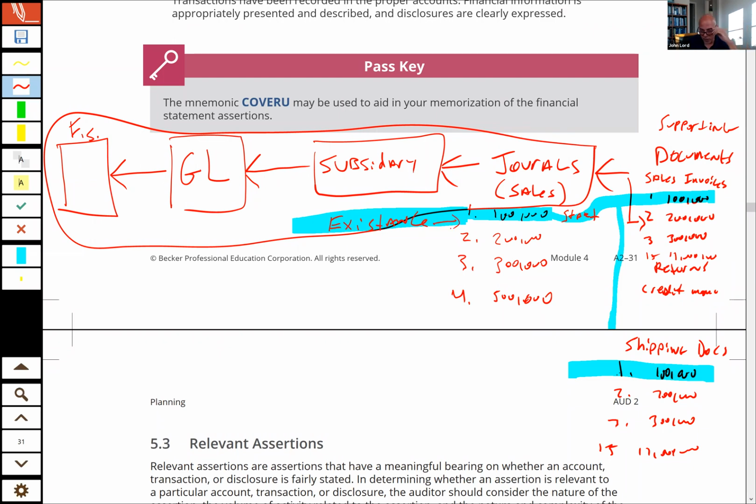That's existence, isn't it? That sale existed because it was recorded in the sales journal. I went over, I found the sales invoice, I found the shipping documents, I found supporting documents that I was satisfied with, right? Now I can do the same thing with this number 2.